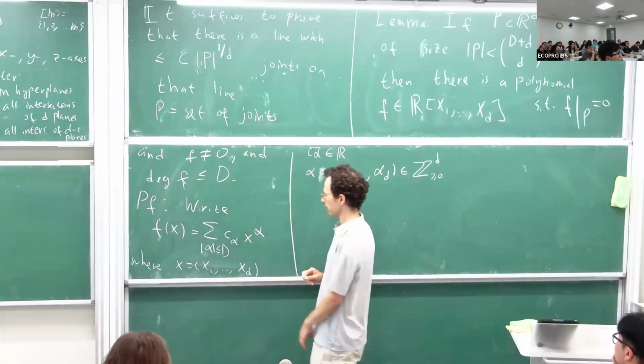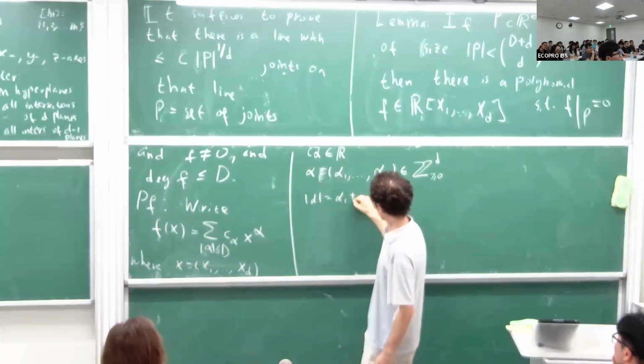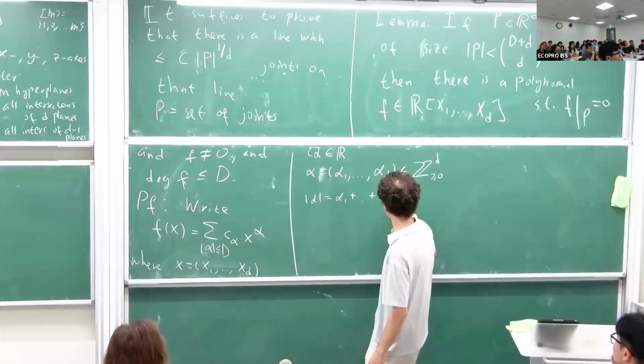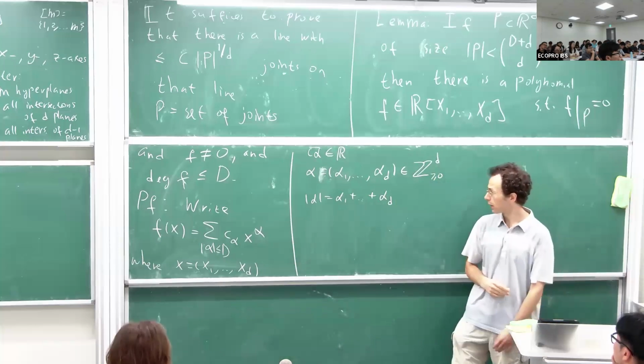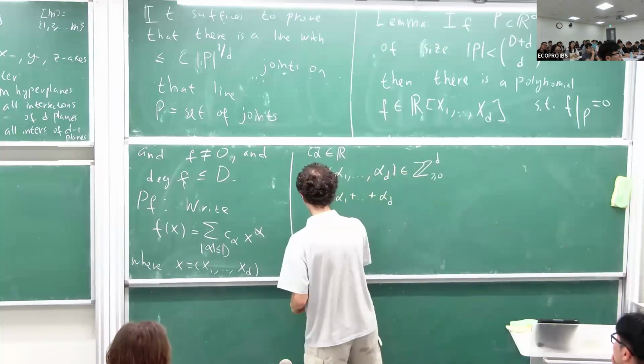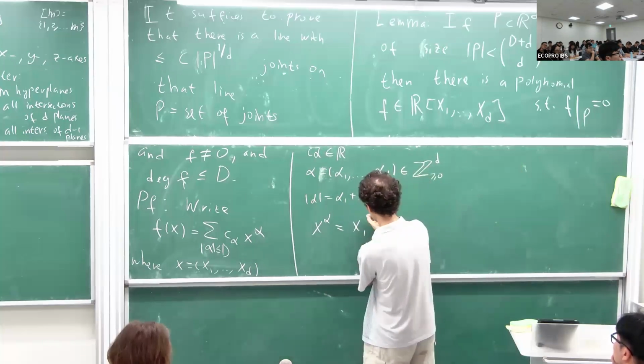The L1 norm of alpha is at most d. And this notation is a multi-index exponentiation notation.